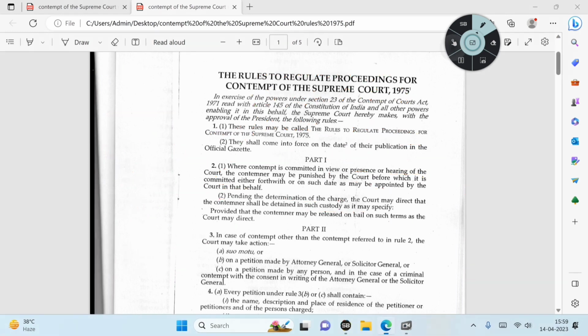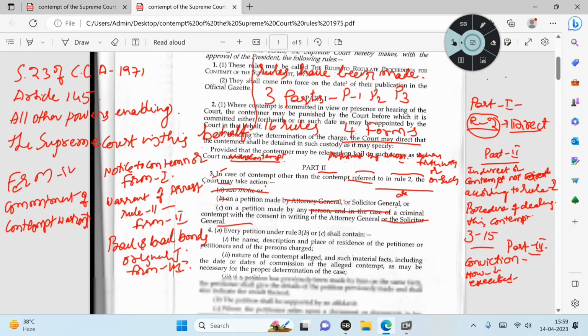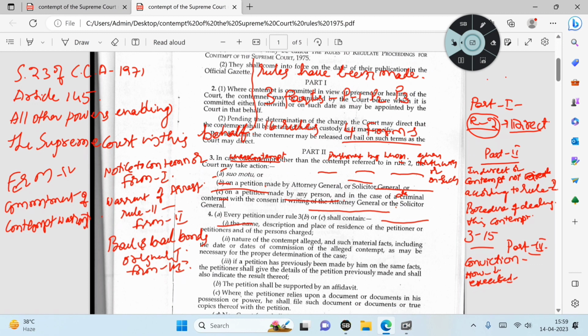Next, come to Part 2. In Part 2, Rule 3 describes another type of contempt. This contempt can be initiated in how many ways?